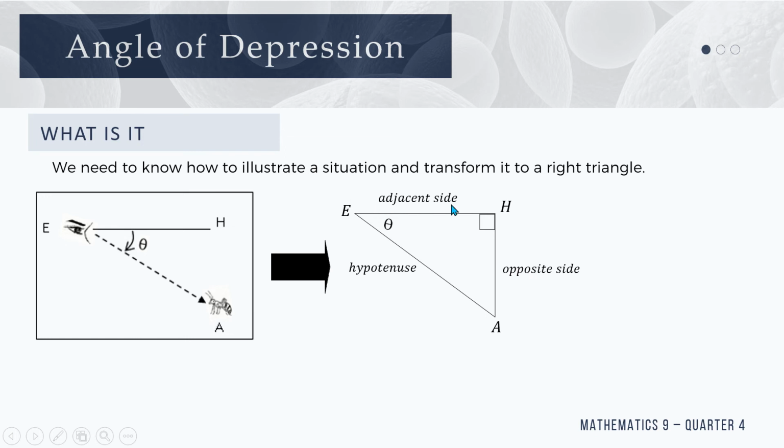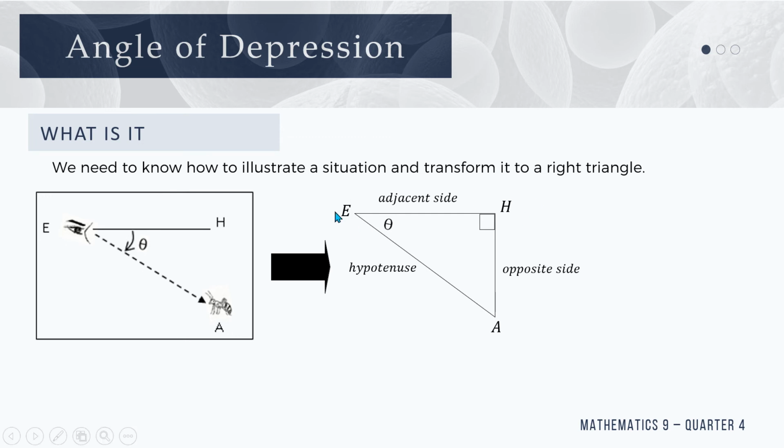And the side beside the reference angle theta is the adjacent side. And opposite the right angle, H is the hypotenuse, which is the longest side. So this is the basis for identifying the trigonometric ratio to be used in solving a given situation involving angle of depression.